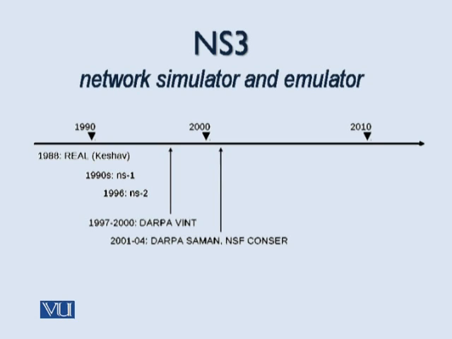And by 2002, 2003, NS2 had become a very large simulator, and most of the models were already present. So you only had to configure the model, but the core model was already present. And many of the tasks that we have to do for network simulation were already built into the NS2 simulator.